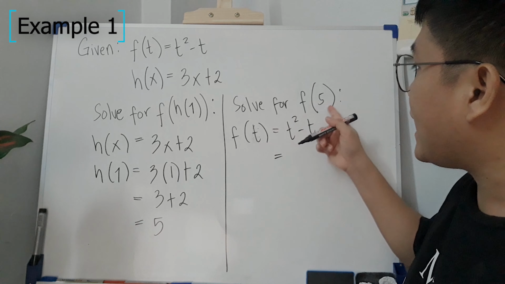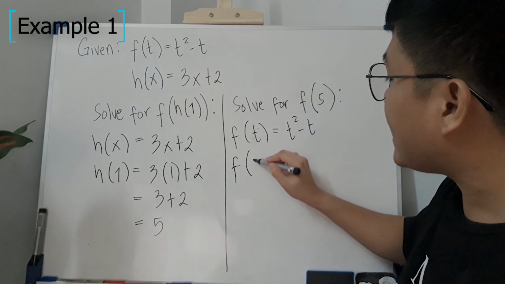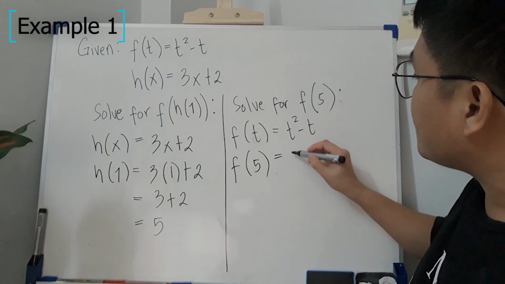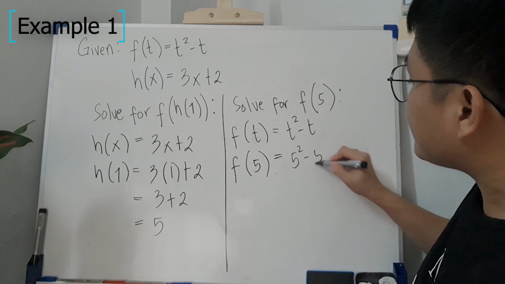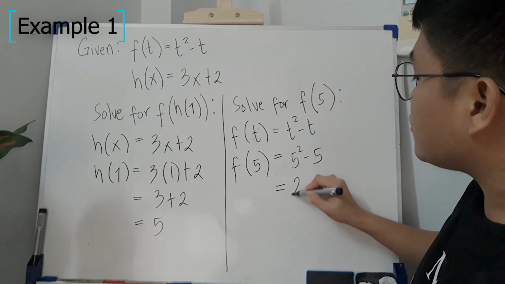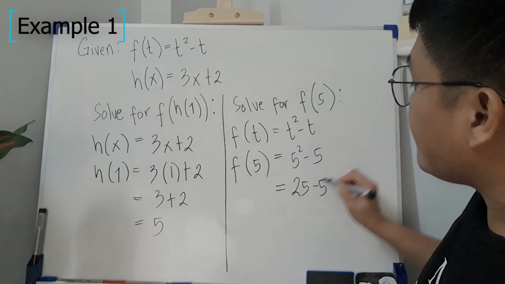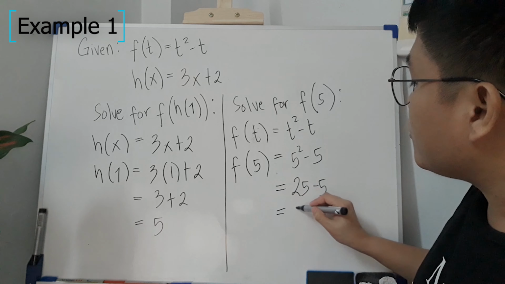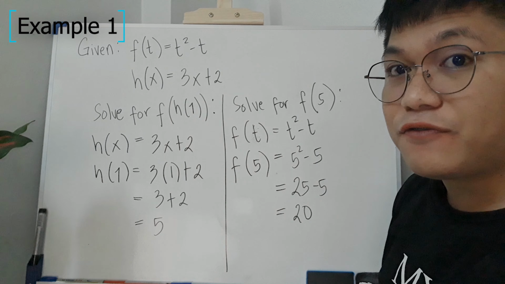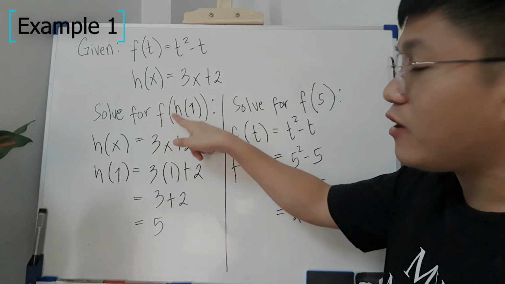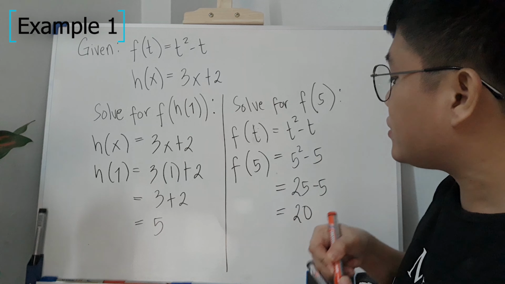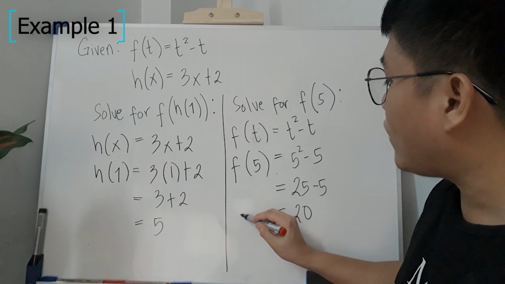Substitute t with 5. So we have f of 5 is equal to 5 squared minus 5. That is equal to 25 minus 5, which is equal to 20. Therefore, the value of f of h of 1 is equal to 20.